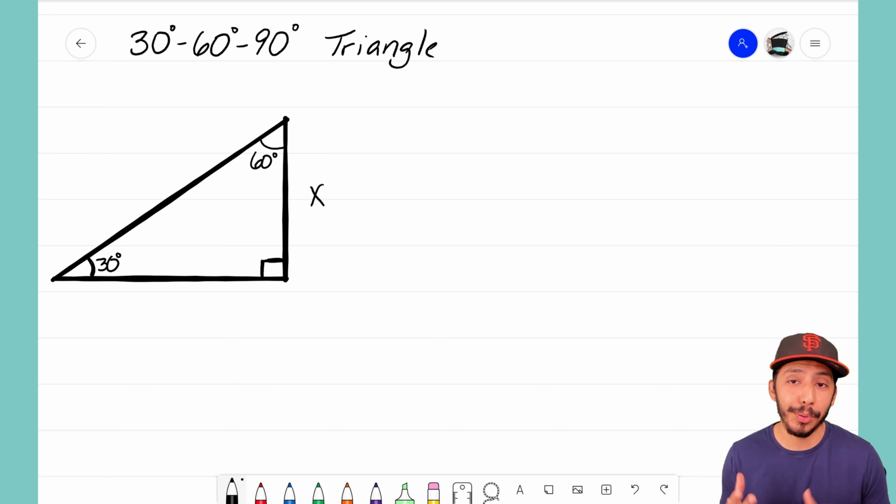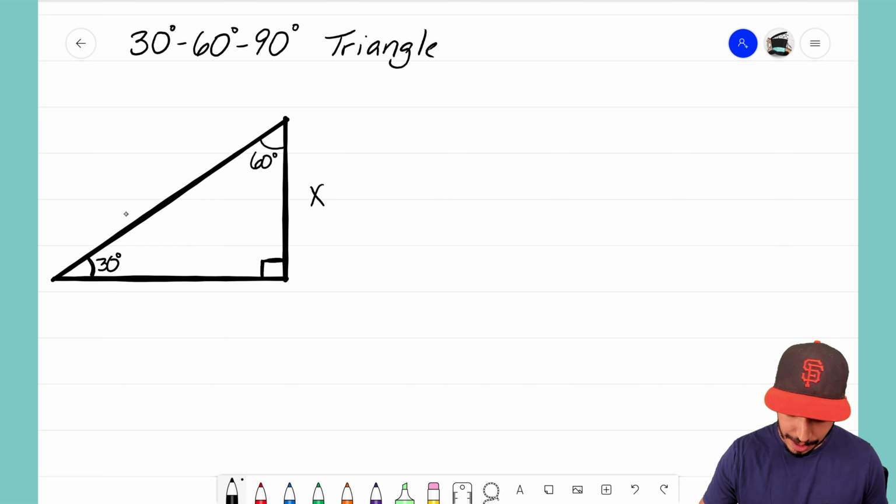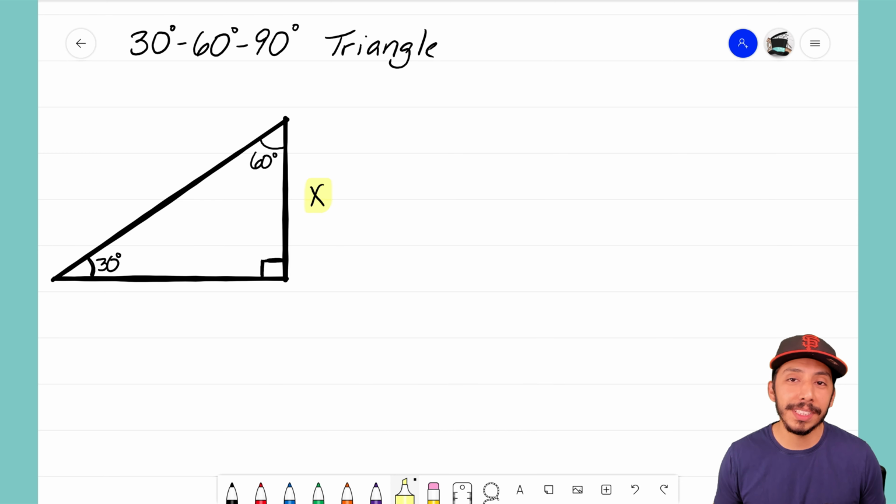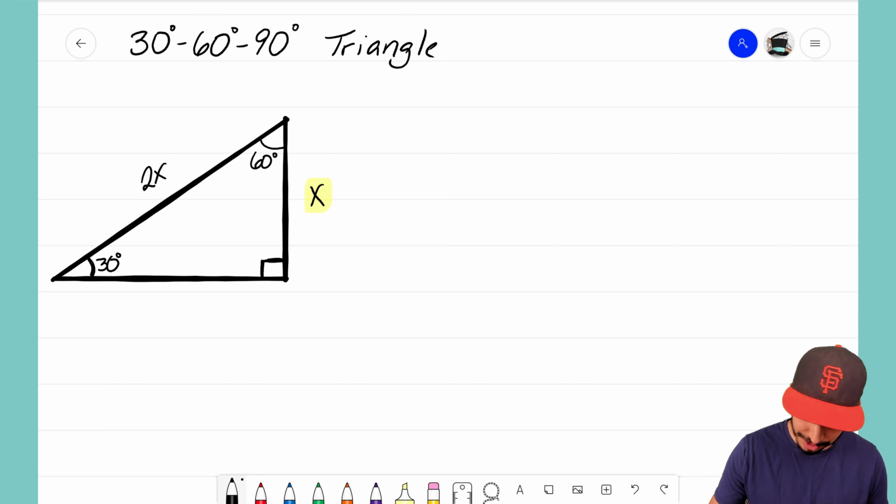Now, one great property of a 30, 60, 90 right triangle is that the short leg and the hypotenuse actually have a relationship. And that relationship is that if you take the short side of a 30, 60, 90 right triangle and you double it, you will end up with your hypotenuse.